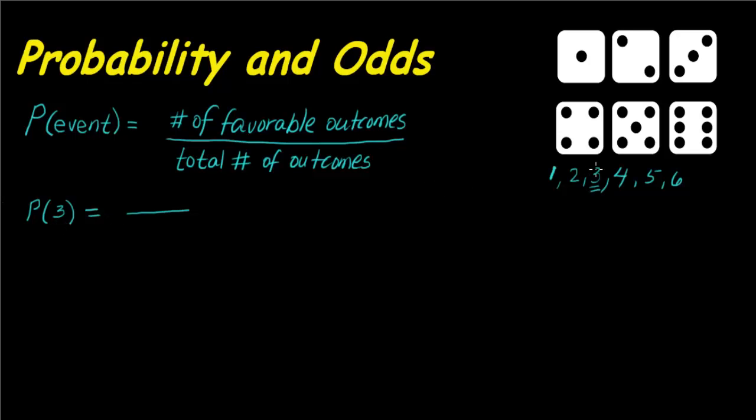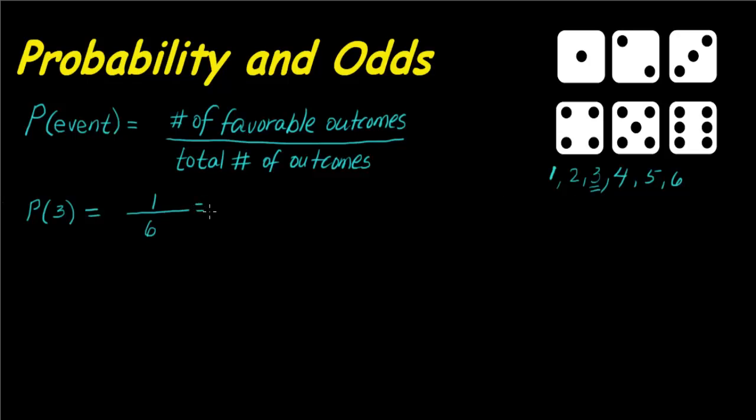How many of those outcomes are there in a total of 6 possible outcomes? Well, there is a possibility of rolling a 3 only once. So the number of favorable outcomes is 1, divided by the total number of outcomes. There are a total of 1, 2, 3, 4, 5, 6 outcomes. So that would be 1 over 6.